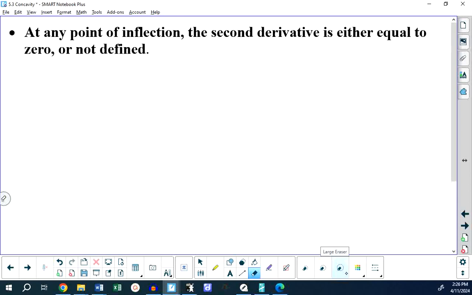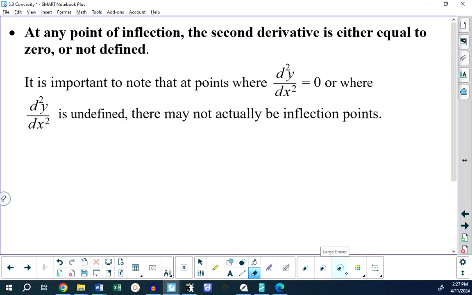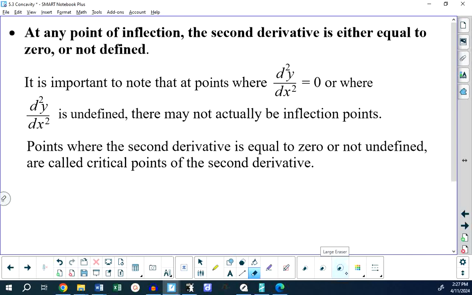So there's a nice symmetry here to what's going on. Once again, I think you get this, but if the second derivative equals 0, it doesn't mean there's an inflection point there. If the second derivative is undefined, it doesn't mean there's an inflection point. But what it means is it might be an inflection point.